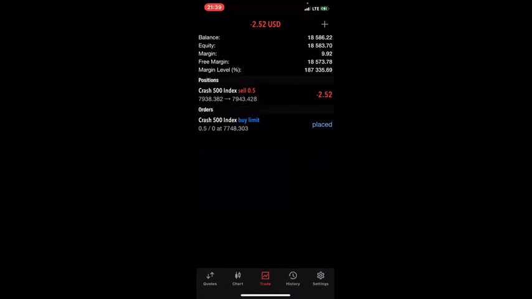Instead of the SL, I was using TP. Since it's a sell, the stop loss has to be above the selling price, and the take profit has to be below the entry price. So I think that was the error I made.